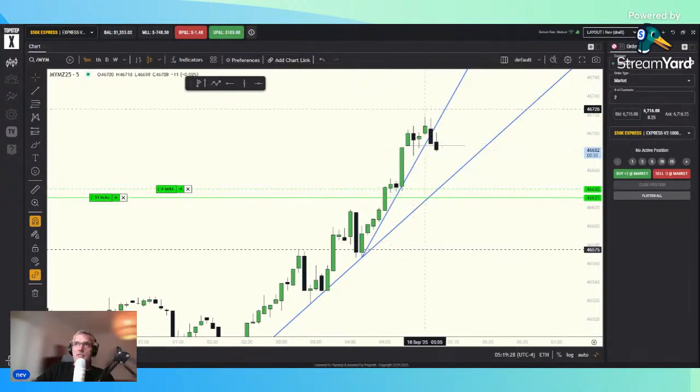If we were to get back above these candles and close above them, not only would I get rid of this blue line, I would move my stop up to where this thin black line is. We've got 20 seconds.